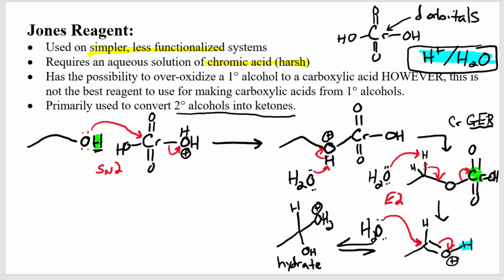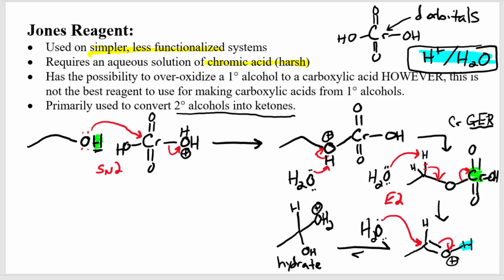So this is an equilibrium, and we know that it favors the carbonyl over the hydrate, but the hydrate nonetheless is formed. Now what's really interesting about this is that if the hydrate forms and we still have the Jones reagent around, notice that we have another alcohol. Like the hydrate has two alcohols on it. So in that hydrate form, it's reactive with another chromium species.